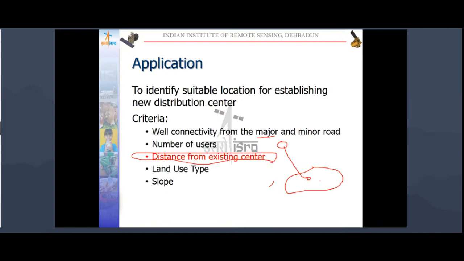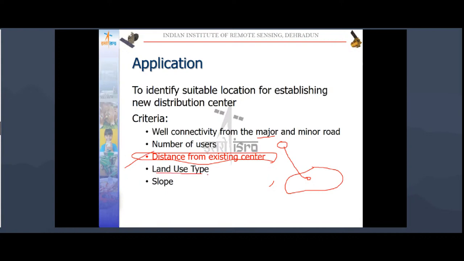Suppose earlier there was already one center in the city in some particular district, but now because of increased demand of the products and services, you need to establish some more distribution centers or sub distribution centers. So the new center should be at least some distance away from the existing one, then only it can cover the large target group distributed in different extents. So if this information is available, that criteria can also be used.